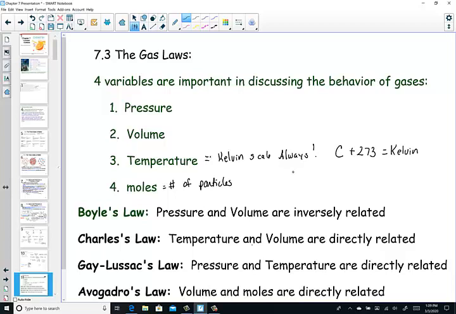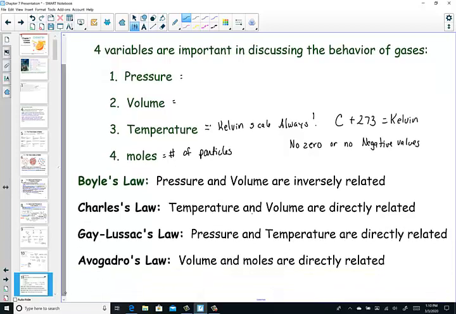And this is because there is no 0 or no negatives in the Kelvin units, so therefore our math works out, right? We can't use negative or zeros in this algebra, so we'll always convert to the Kelvin unit. Volume and pressure, all 4 of these play a role in discussing the behavior of gases.